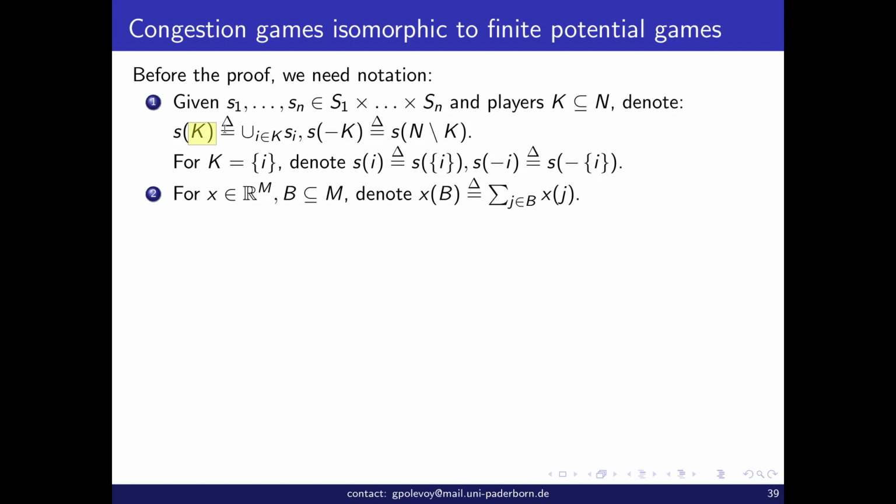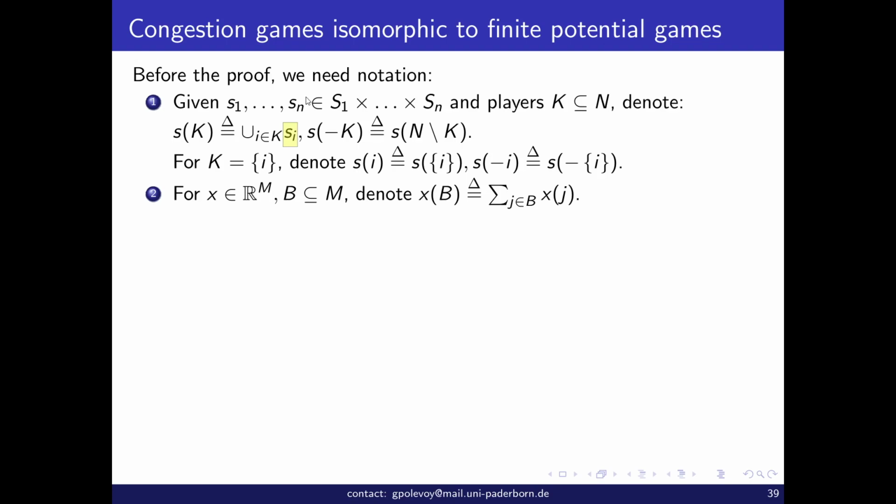But now it's like a function, so S gets K in the parentheses, and this is defined as the set of facilities, all the facilities which are used by all the players in this strategy profile. So in the example of a road, these are all the pieces of the roads which are used by those players in the strategy profile.